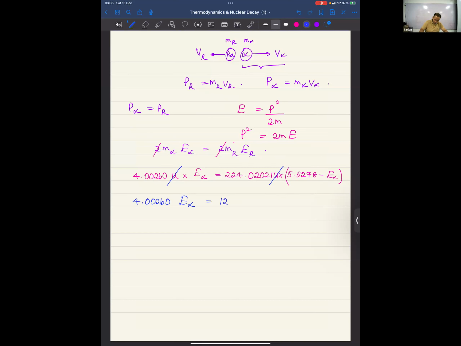Bring the minus E alpha term to the left. So it will become 4.00260 plus 224.02021, which is 228.02281 E alpha is equal to 1238.3389. Finally, E alpha is equal to 5.43.